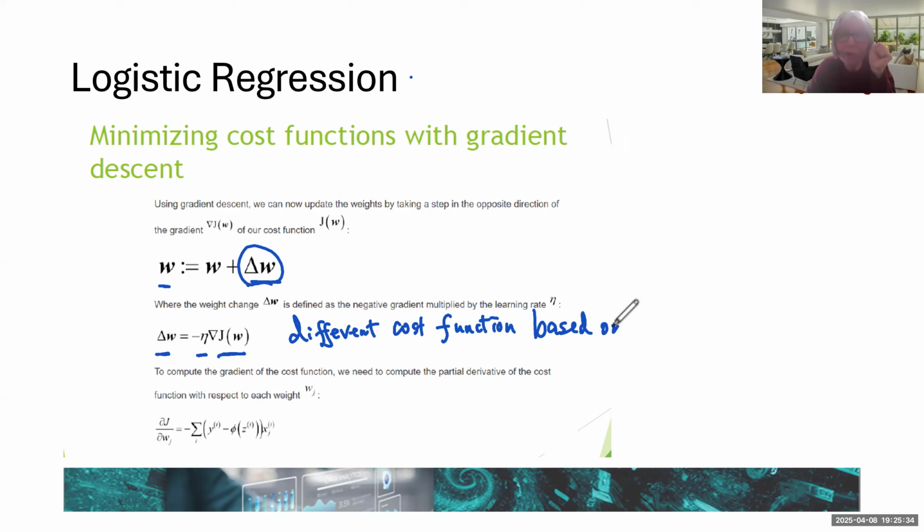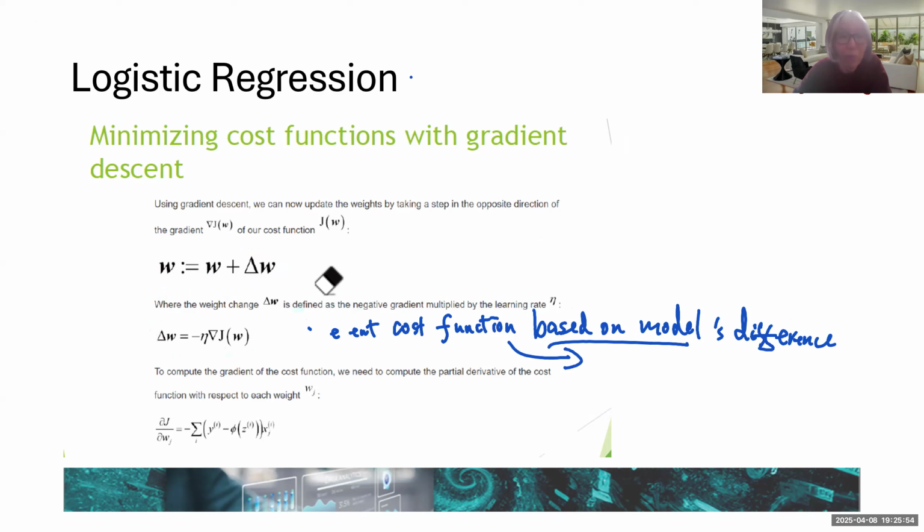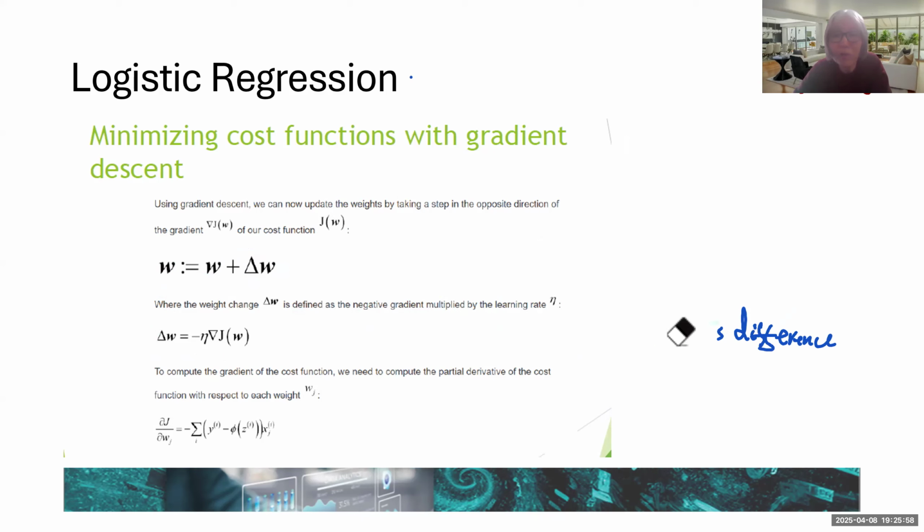So the model's difference will lead the cost function to also be different, because with a different model, the activation function is different.